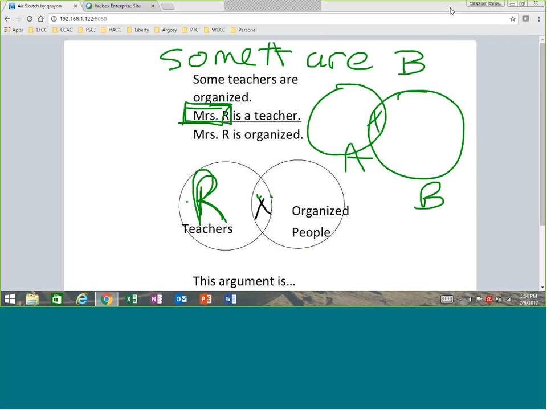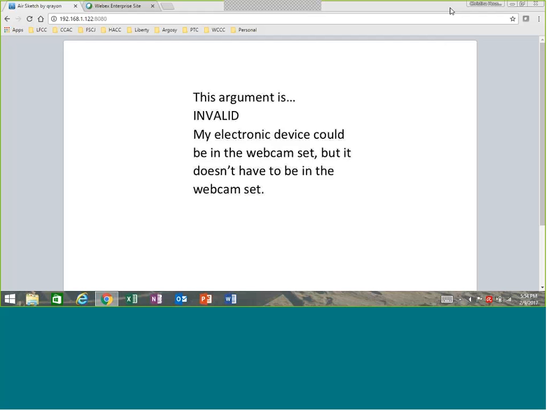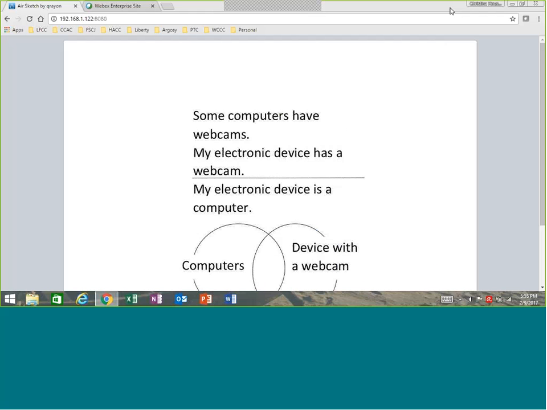Just like whenever we were looking back at, let me go back, this one. I have computers, that's a noun there, and devices, webcams, that's one right there. And again, this is like sum A, R, B again. But my electronic device, I don't need a circle for my electronic device because it's not a group of things.